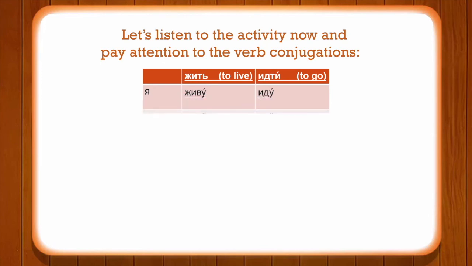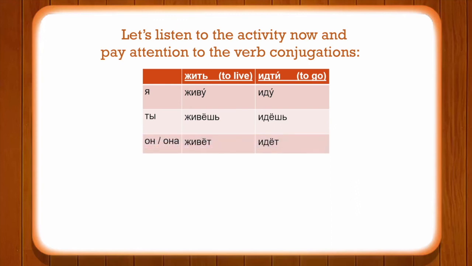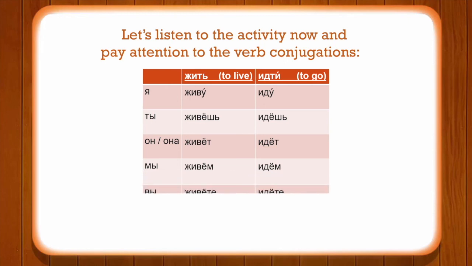Now let's pay attention to their conjugation and then we will see what is the difference. However, the very basic difference of жить and идти is that жить we often use with the prepositional case, жить где, live where, and идти means to go, where to, куда. So this is the basic relation between these two different verbs. However, we will see how they are conjugated.